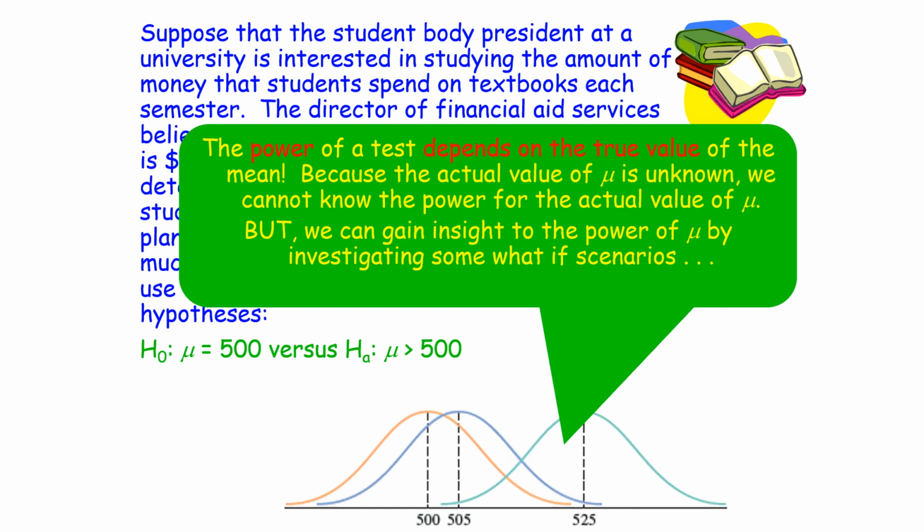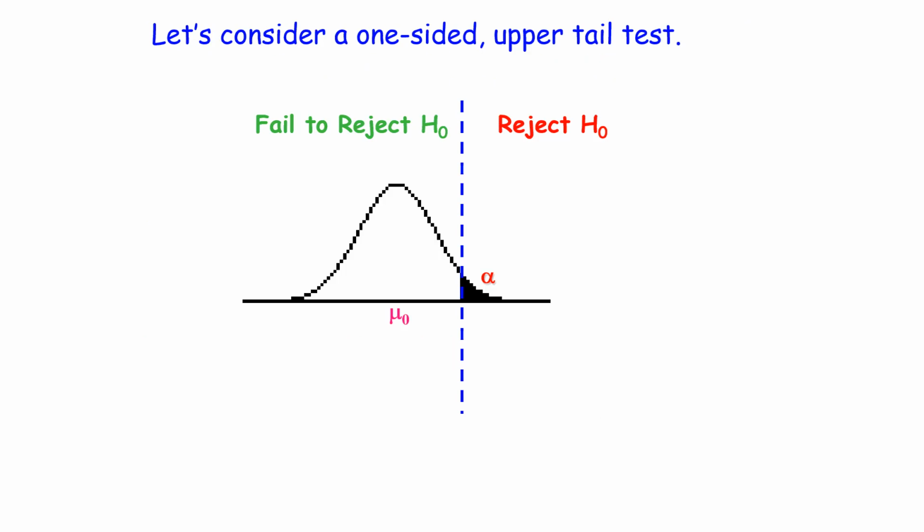The power of a test depends on the true value of the mean. Because the actual value of mu is unknown, we can't know the power for the actual value of mu, but we can gain insight into the power by investigating some what-if scenarios. So let's consider a one-sided upper tail test.